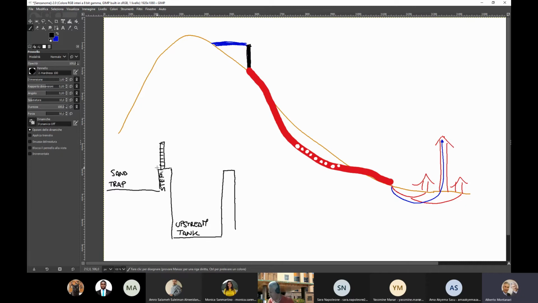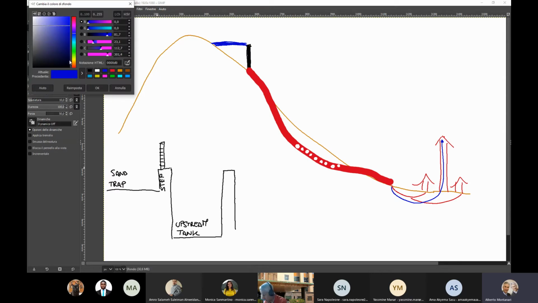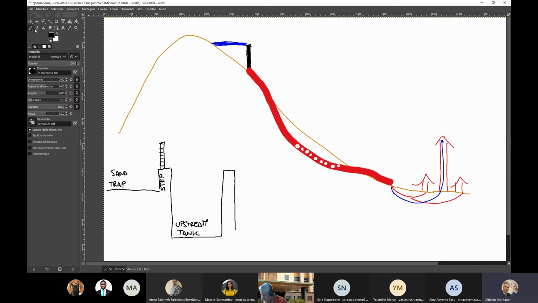And then let's depict the pipe downstream. Here you have the pipe. Now, what happens to water?